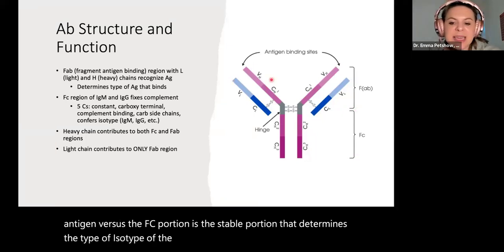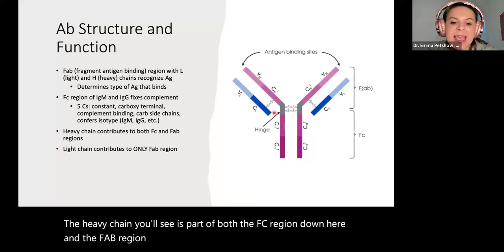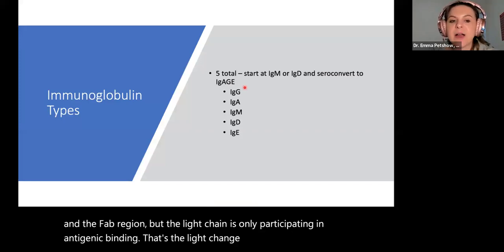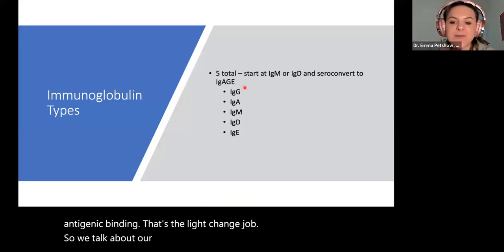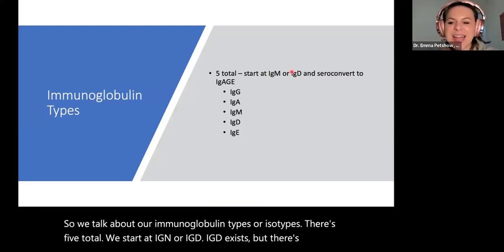The heavy chain you'll see is part of both the Fc region down here and the Fab region, but the light chain is only participating in antigen binding. That's the light chain's job. When we talk about our immunoglobulin types or isotypes, there are 5 total. We start at IgM or IgD. IgD exists, but there's not as much known about its functionality.